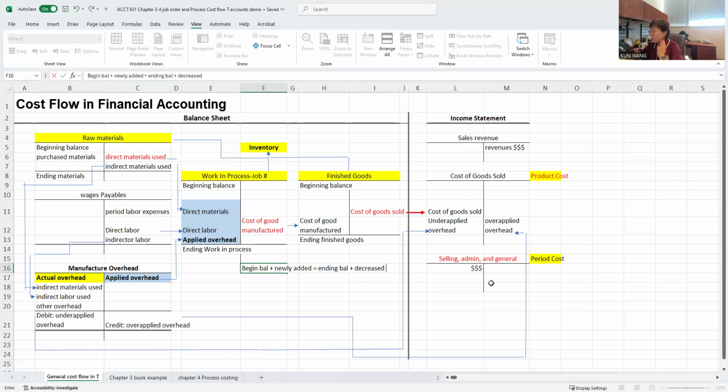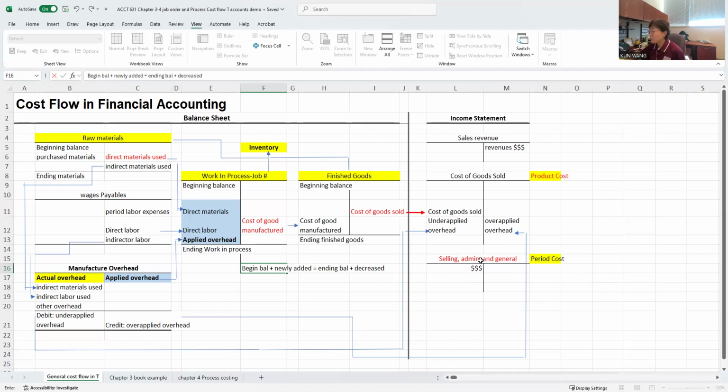And then the period expenses, in comparison to the product cost. Selling and general expenses are not product cost, but they are supporting non-manufacturing expenses. So we capture all of them in the different period expenses. Here I'm using a combined account.